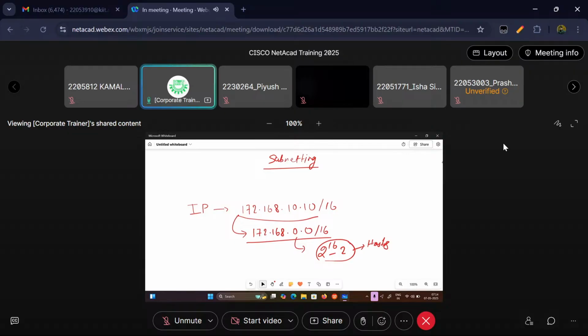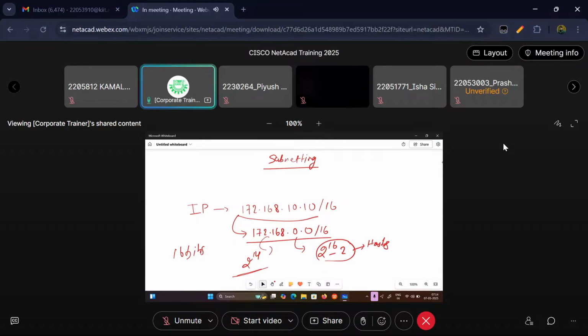That many IPs you can configure for hosts. And for the network, total how many bits are network bits? We have 16 bits, but the first 2 bits are the leading bits for class B, so we cannot change them. So 2 raised to the power 14 networks you can configure.